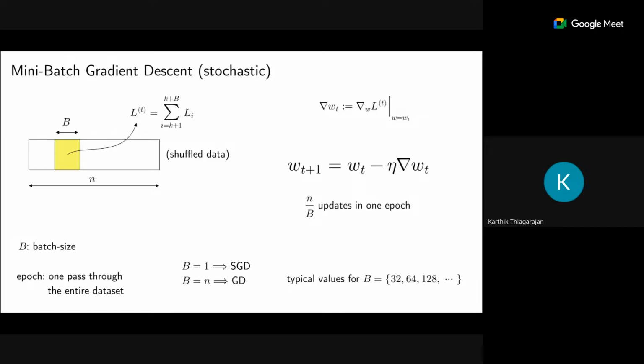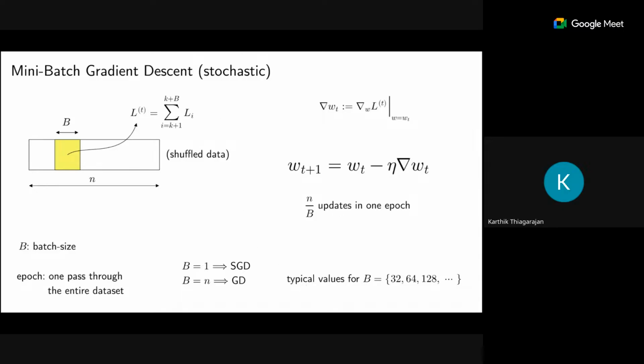Usually the values of b are chosen to be powers of 2. There are some reasons for this that have to do with the hardware being used. It's not really a software thing, more of a hardware thing, and how you push your data onto your GPUs. So that is mini batch gradient descent.